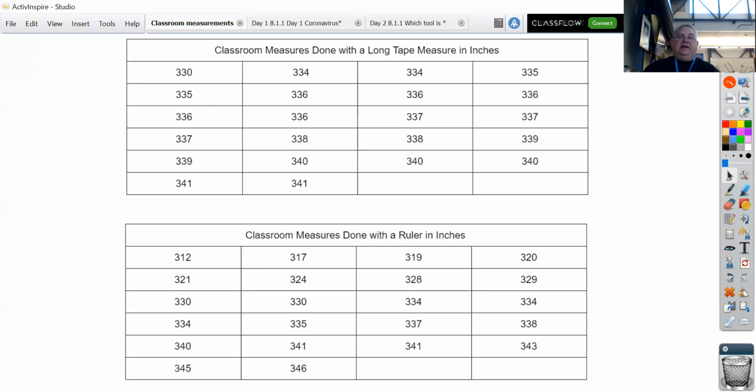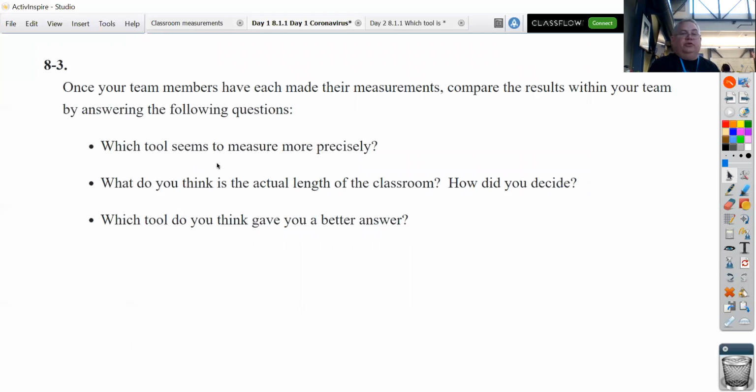So when you look at that data, if we had to answer the first question, which tool seems to measure more precisely? Well, it seems to me maybe the longer one would measure more precisely because we have to do fewer changes. If you have a lot of different measurements and you have to add them all together, you could add wrong, or you also might get little gaps in between the measurements that might extend it or maybe even shrink it if you don't measure really accurately with that little ruler.